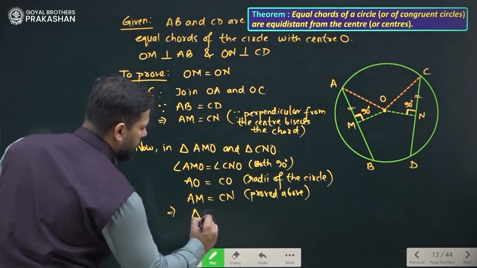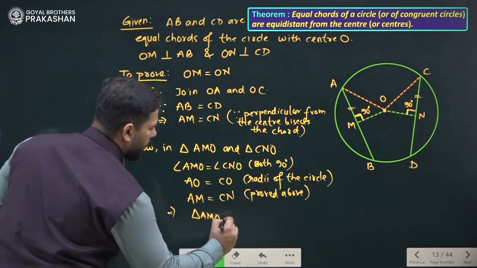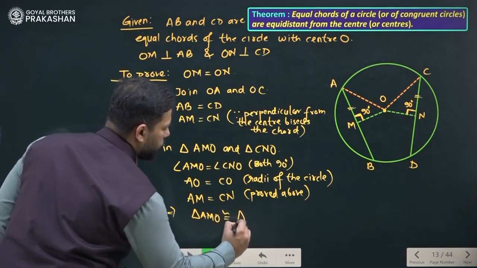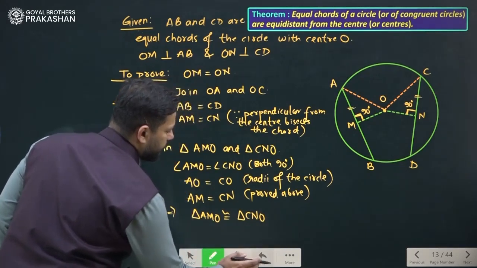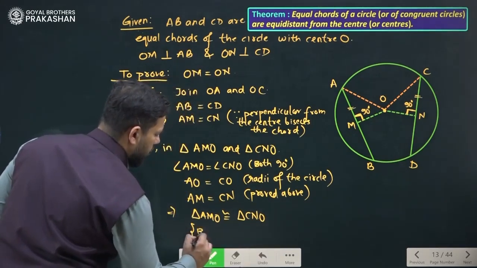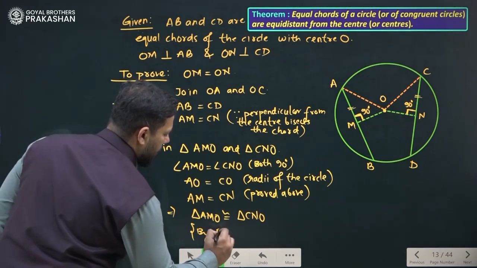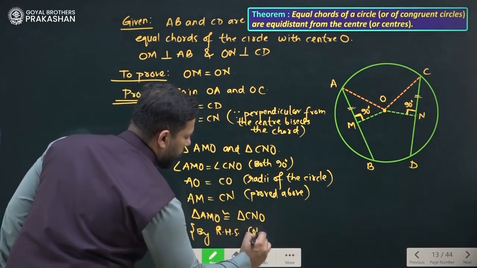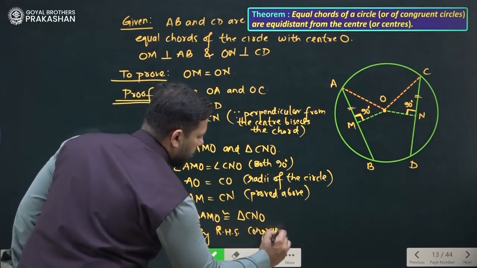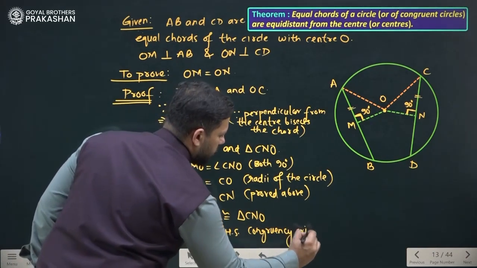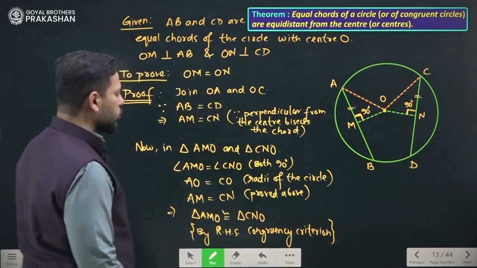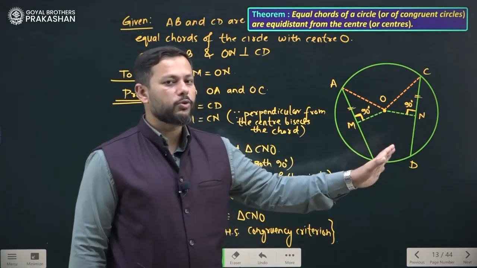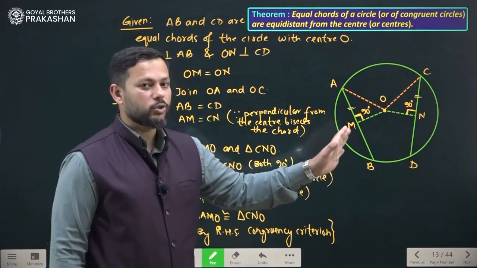So we can write triangle AMO is congruent to triangle CNO by right angle hypotenuse side congruency criteria. Right? So we just got these two triangles to be congruent to each other using RHS congruency.